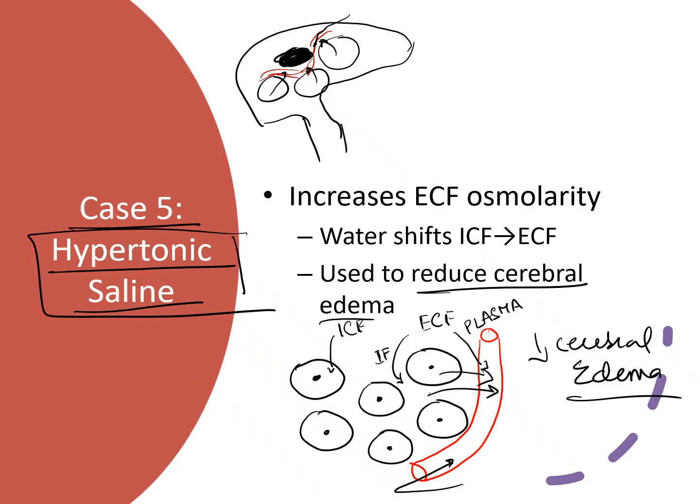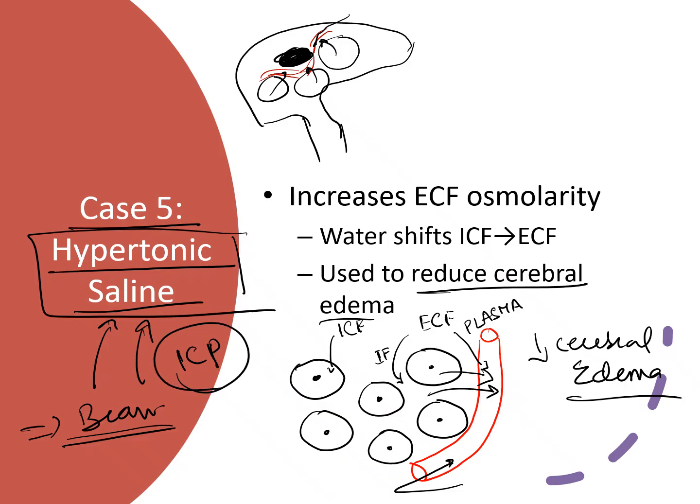So that's why we can sometimes use hypertonic saline in a patient with a brain bleed if they have high pressure or brain swelling, or in a patient with high intracranial pressure.